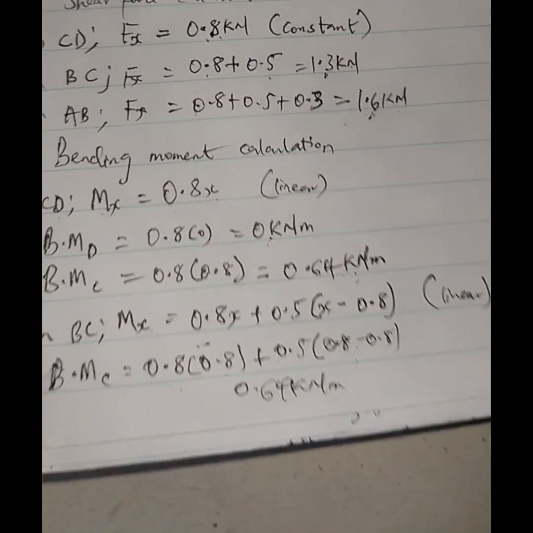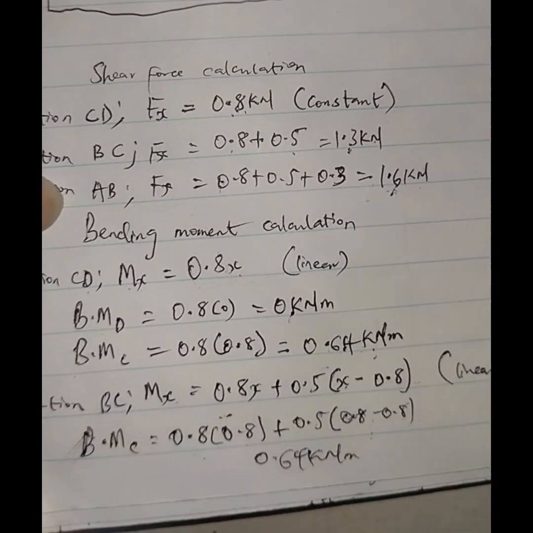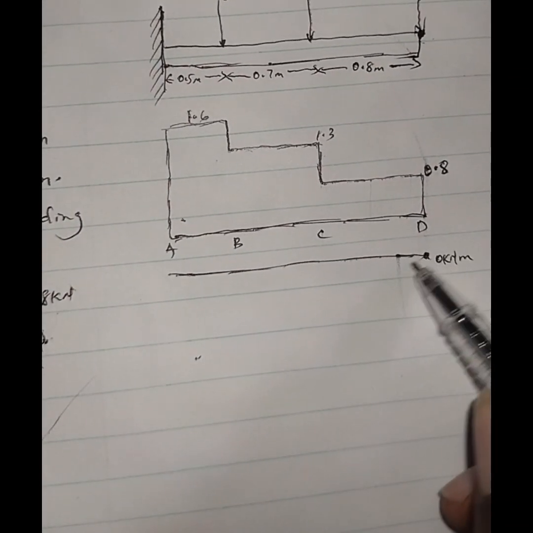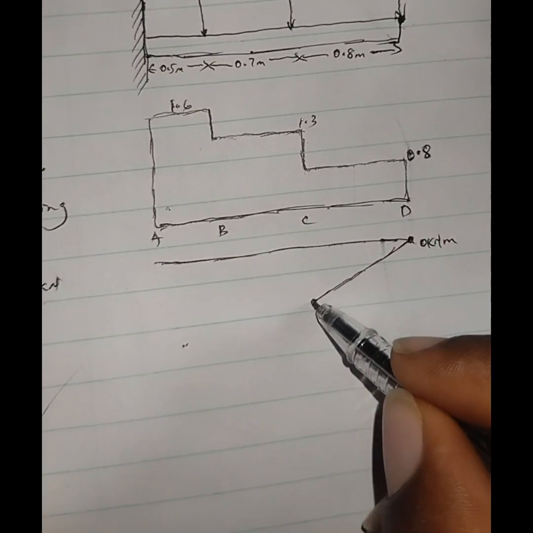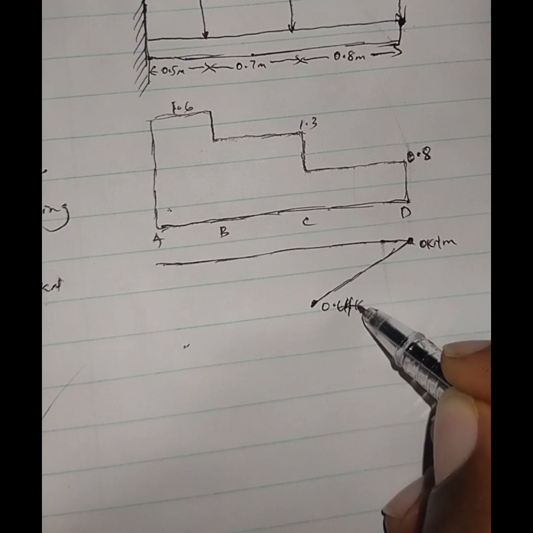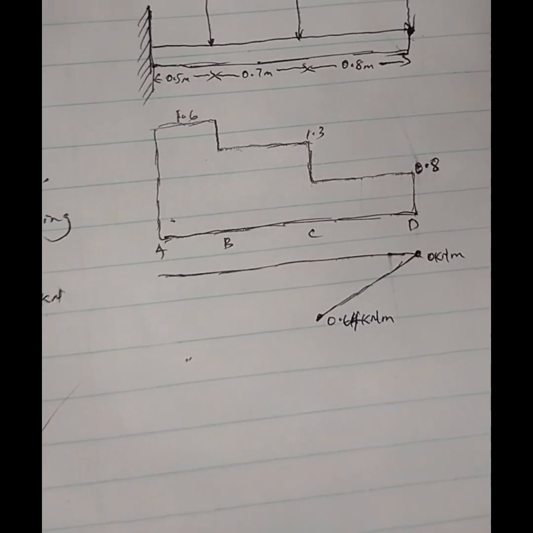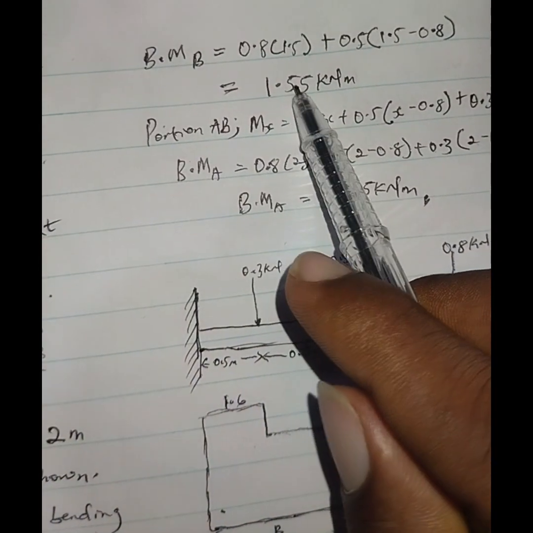Then your point C is at 0.64. This is linear, take it down like this. So this is your point C, 0.64 kilonewton meter. Then your point B, 1.55.